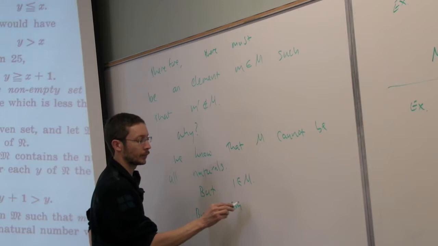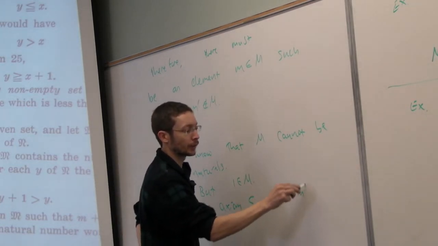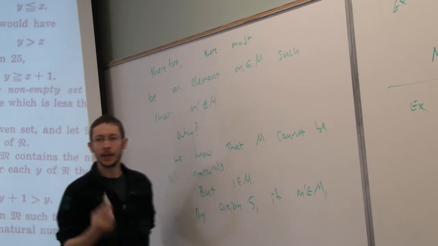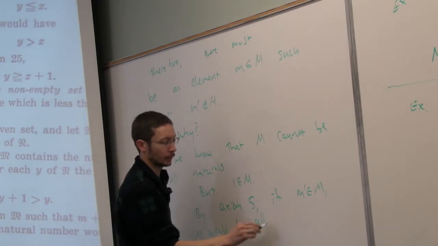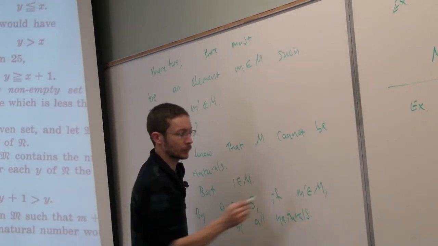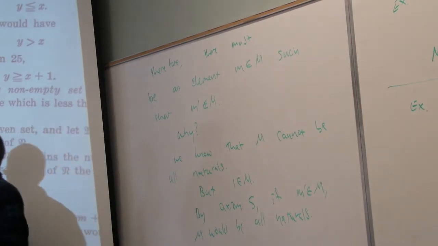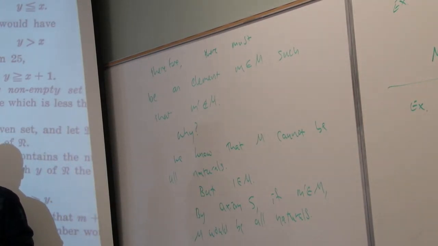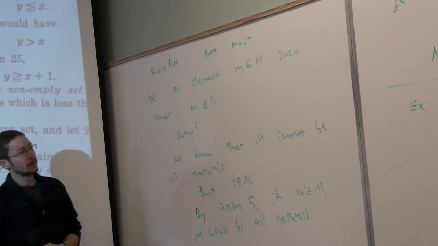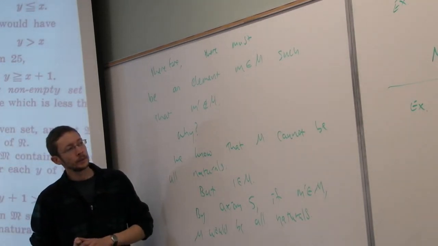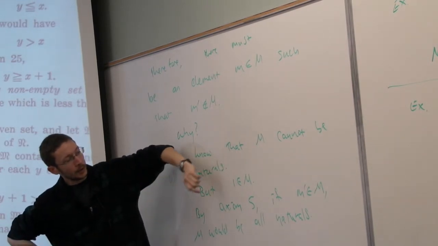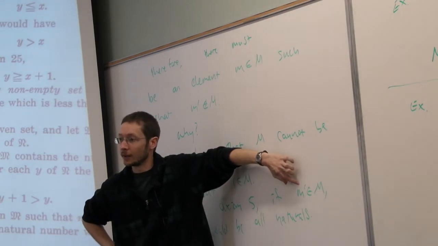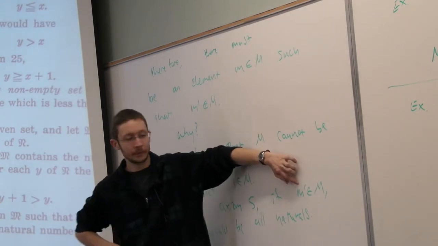By axiom 5, if all successors were also in M, M would be all naturals. Because axiom 5 says if 1 is in there, and if all successors are in there, then M is all naturals, right? But we've shown that M can't be all naturals. So what that tells you is that it must be the case that M's successor is not in M for some M, right?